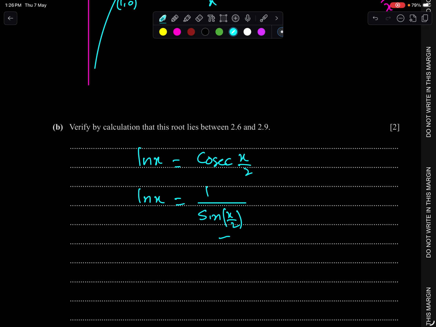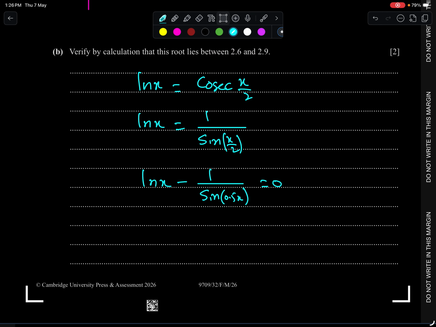Now bring this to the left side and equate this to 0. So ln x minus 1 upon sine 0.5x is equal to 0. You can arrange the equation in any way.